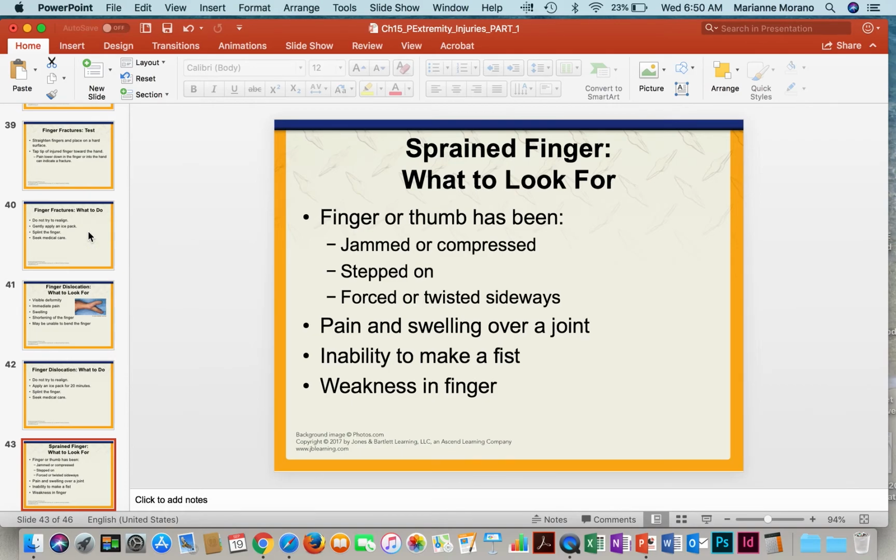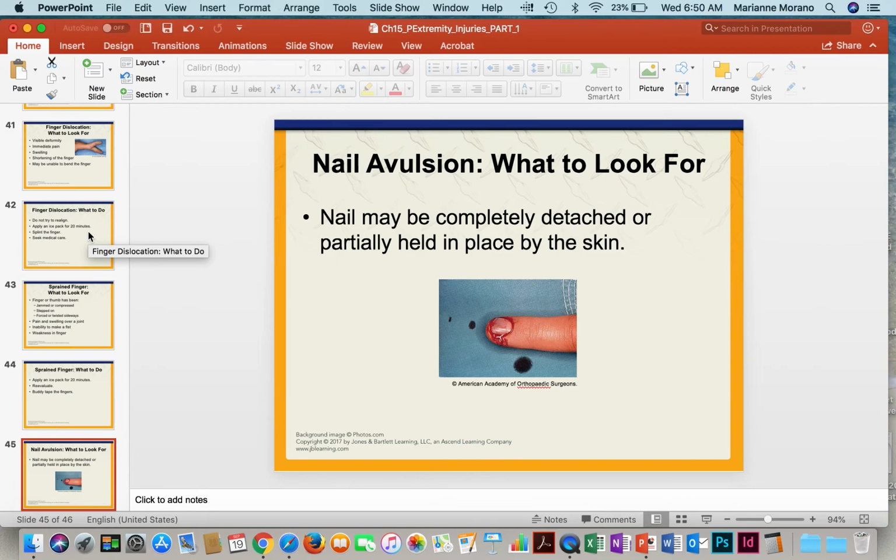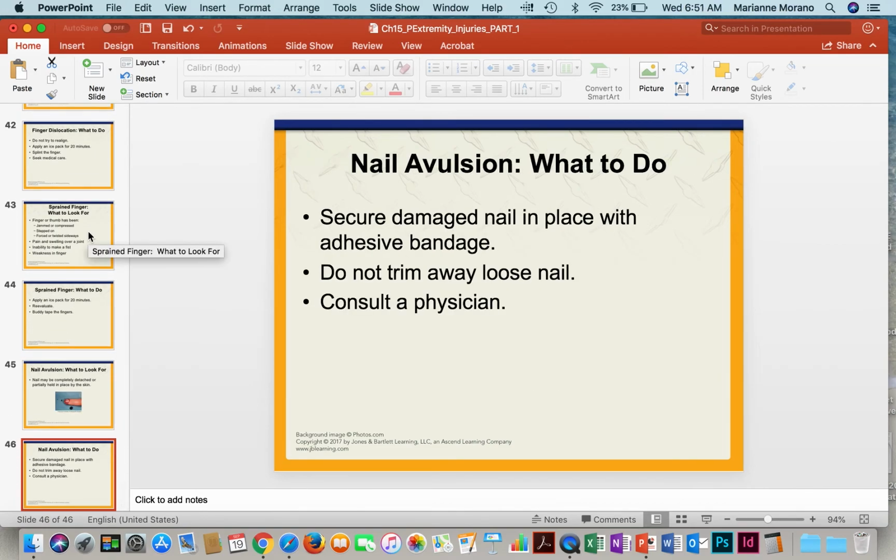Pain and swelling will appear, inability to make a fist, and weakness in the finger. Apply ice, reevaluate, and buddy tape the fingers. You can tape two fingers together, and that will act as a splint. With a nail avulsion, it can be completely detached or held in place by the skin. Secure the damaged nail in place with a bandage. Do not trim any loose nail, and consult a physician.